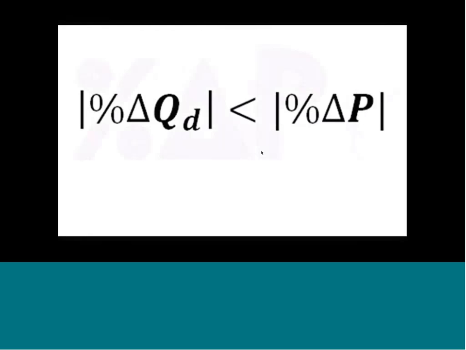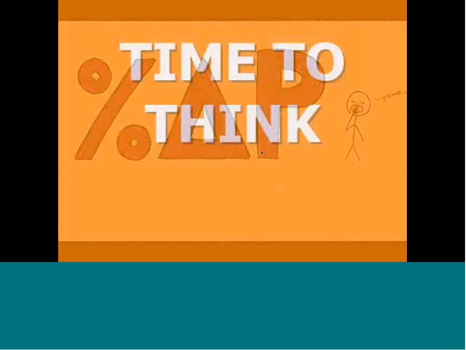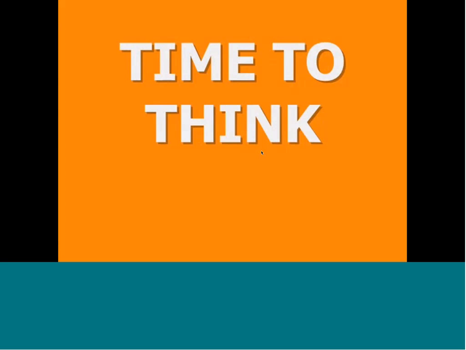What this tells me is that it takes a relatively large price change to initiate a relatively small quantity demanded reaction. In other words, if the elasticity of demand is less than 1, people don't react much to price changes. They're insensitive to price changes, or their demand is inelastic. Question: does this make sense that where cigarettes are concerned, people don't react much to price changes?